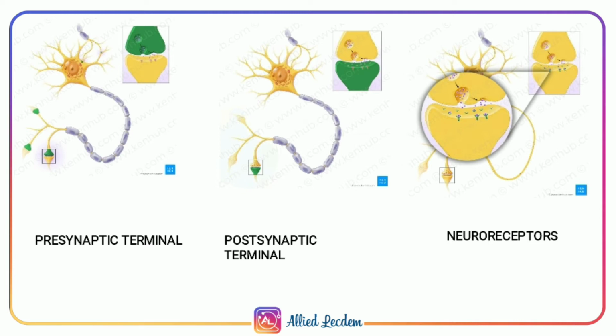First it enters the synaptic trough and reaches the receptor present in the postsynaptic membrane. So the acetylcholine from the synaptic vesicle reaches the synaptic cleft. We'll see what the synaptic cleft is, and it reaches the neuroreceptor present in the postsynaptic membrane.